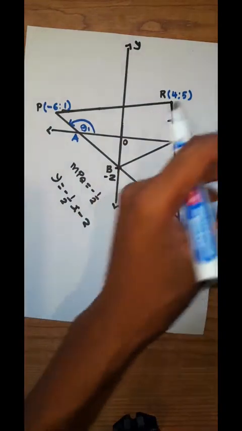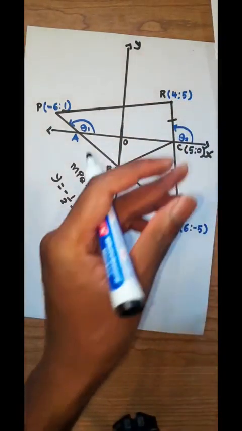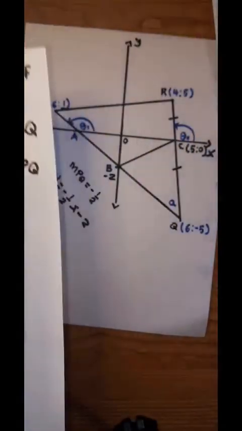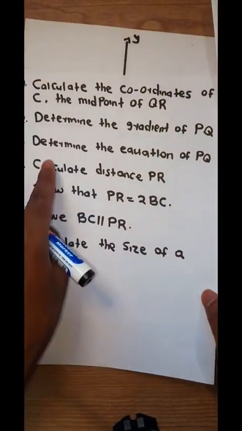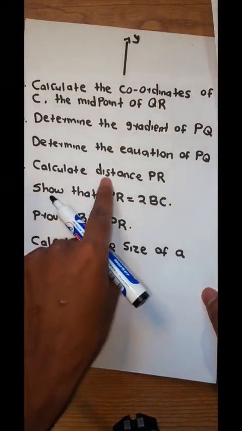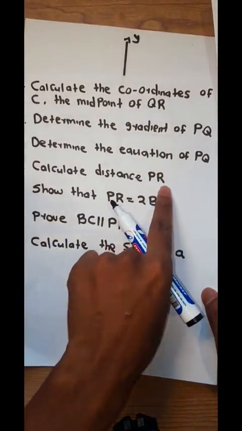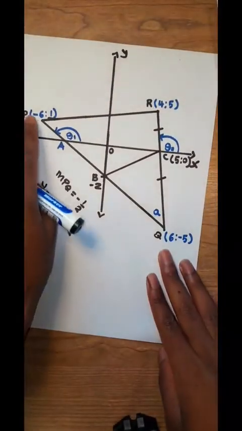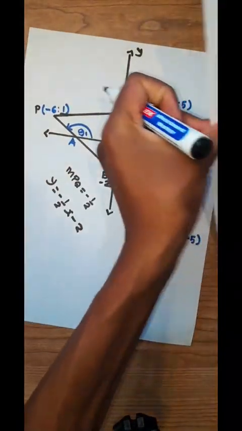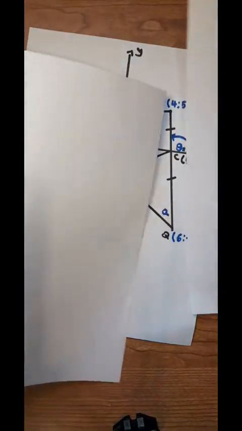Now, let's go and find the next question. This is how you answer these questions. You need to be putting the information on your diagram. The next question says, calculate distance PR. Which one is PR? This is PR. How do we calculate the distance of PR? Let me just put this over here.